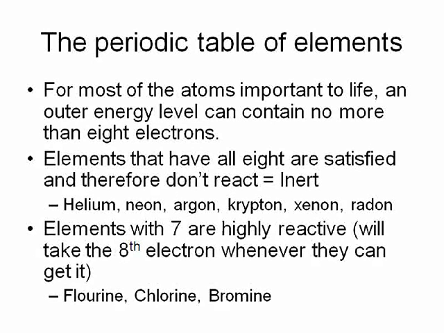If we take one away, elements with 7 electrons are highly reactive because they are so close to having 8 electrons that they are literally freaking out. They will steal that 8th electron from anybody else except for, of course, the inert gases who they can't get it from. They will take that 8th electron from wherever they can get it. Fluorine, chlorine, bromine. Where do you guys see these used the most? Swimming pools.